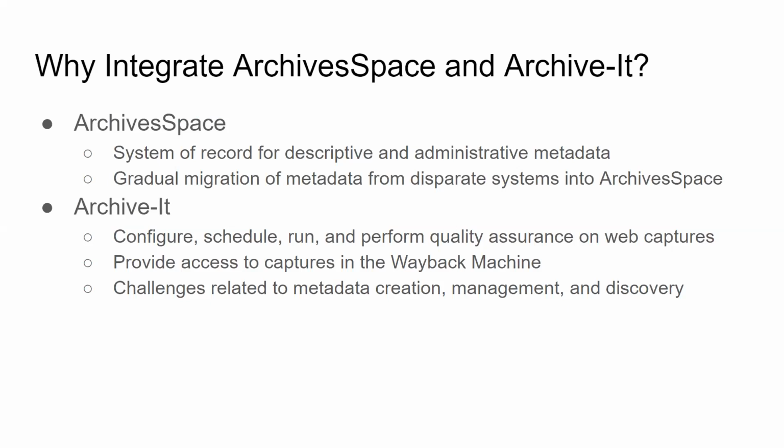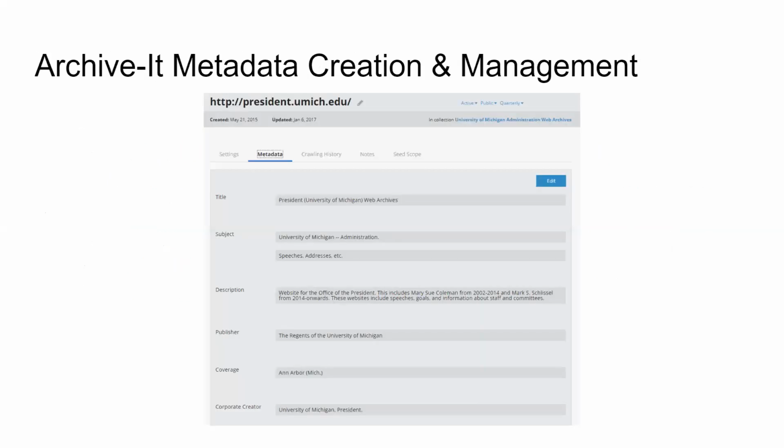And to give a little bit more detail about some of the challenges we were looking to solve. ArchiveIt does have metadata creation and management functionality out of the box that we were using. Got an image of it on the screen where there's a Dublin core form that you can use to add things like titles, descriptions, subjects, creators, and so on.